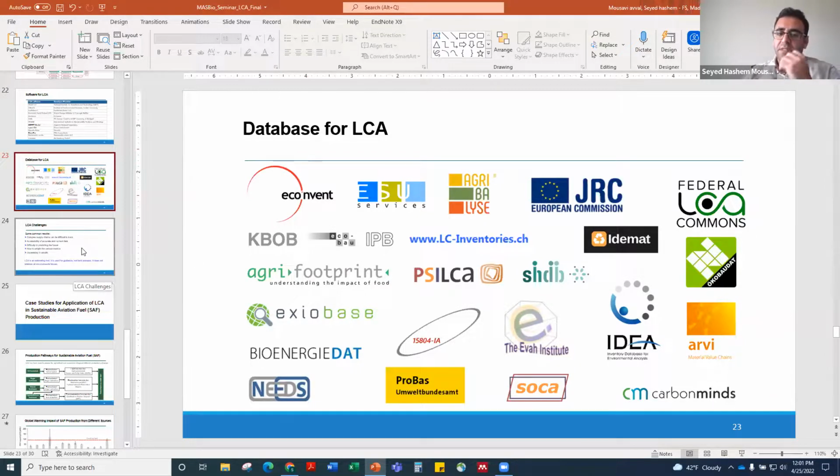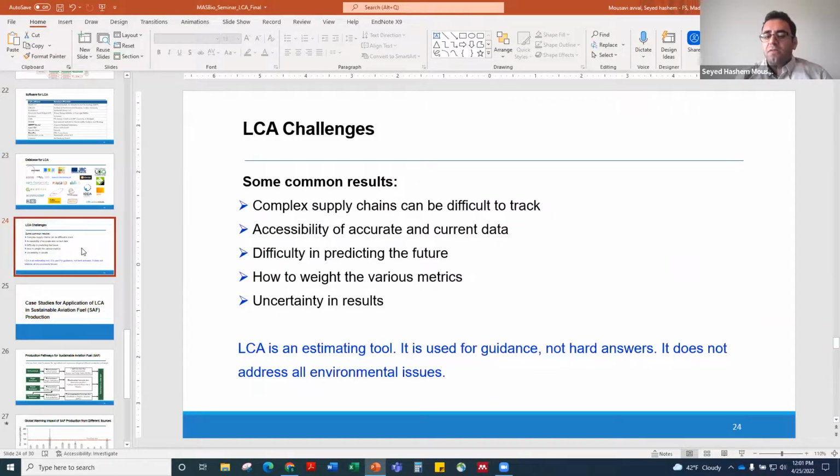So there is a variation in the result of LCA, but we can reduce some of the uncertainties and have an overall estimation when we just want to report the global warming impact of a specific product.